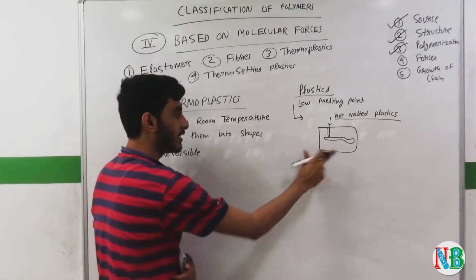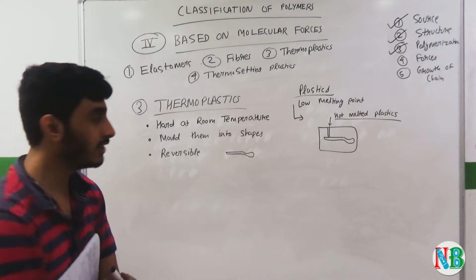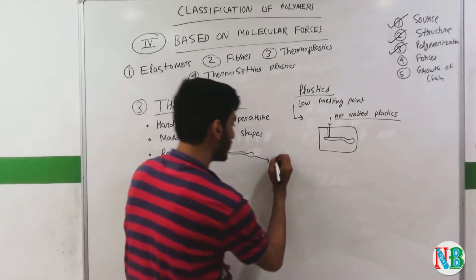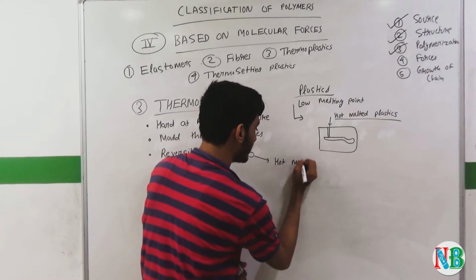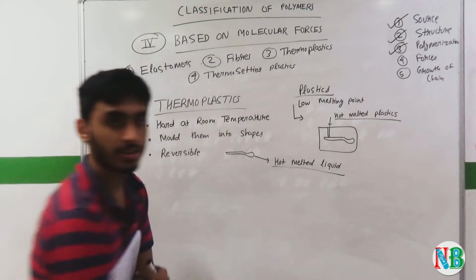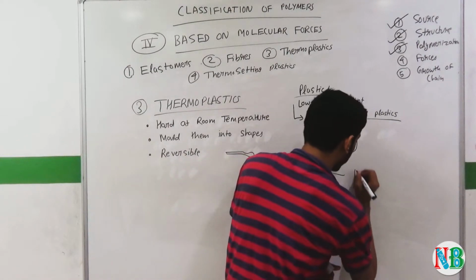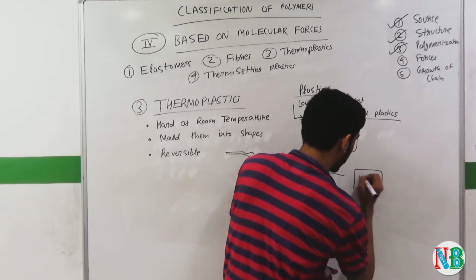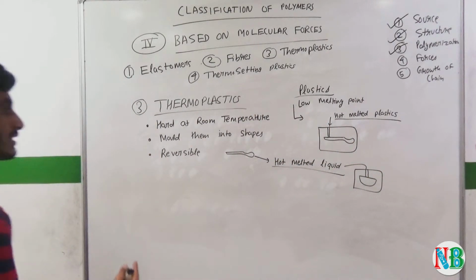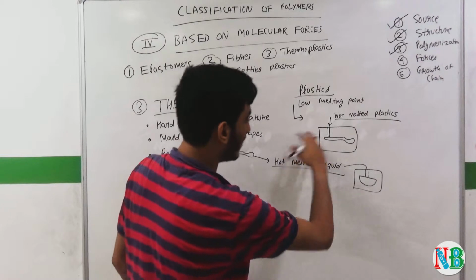After this you have a spoon like this. Now if you again heat the spoon, you will again get the same hot melted liquid, and now you can pour this liquid to make a bowl like this. So you can again and again use the same substance to form one shape, then another shape.